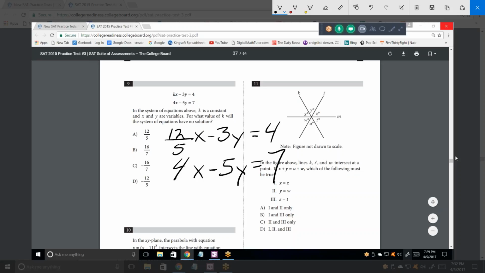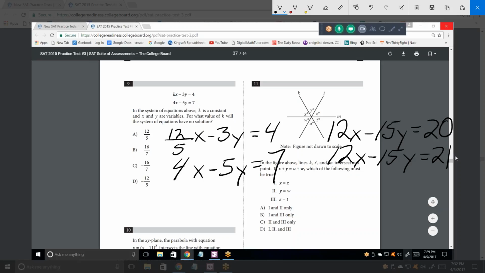Now, the question is what's the easiest way to solve this? Well, what if I multiply the top by 5 and the bottom by 3? That's not too bad. If I do that, I get 12x minus 15y equals 20. And the bottom I'm going to multiply by 3, which gives me 12x minus 15y equals 21.